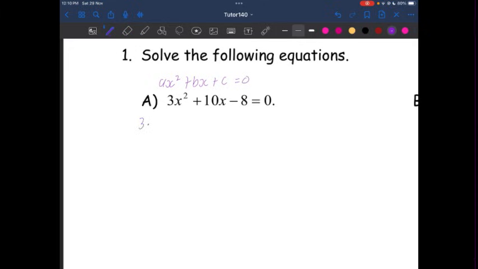So 3 times negative 8 is negative 24. So we're going to find factors of negative 24 that add up to 10. We have 24 and 1, 12 and 2, 8 and 3, and then 6 and 4. So we want the two factor pairs that we choose to add up to positive 10, but we also want them to multiply to get negative 24.